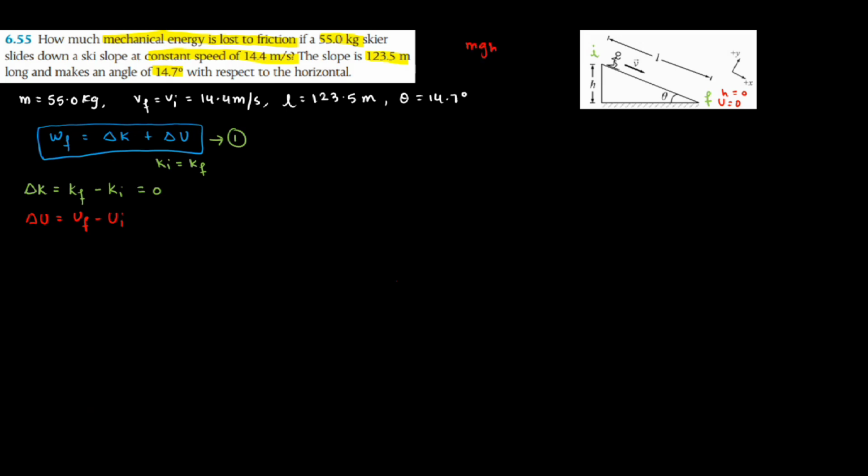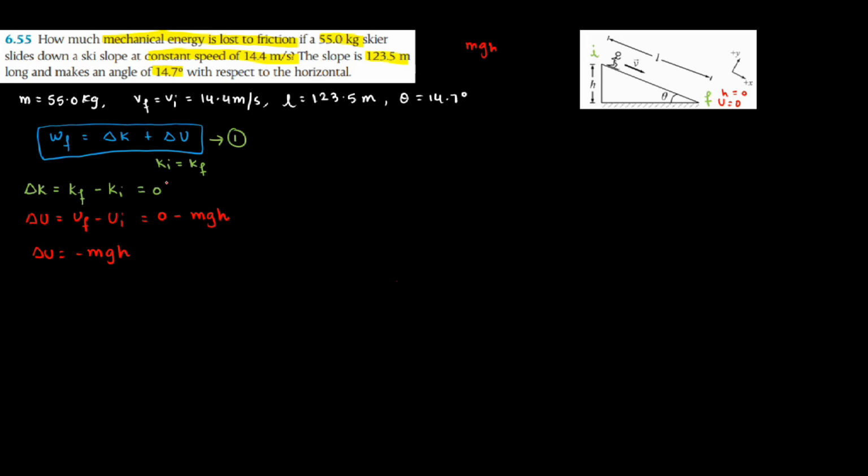If you are not raised to a height above the ground, this potential energy will be 0. So my final potential energy is 0, and my initial potential energy will be mgh. Change in potential energy will be negative mgh.